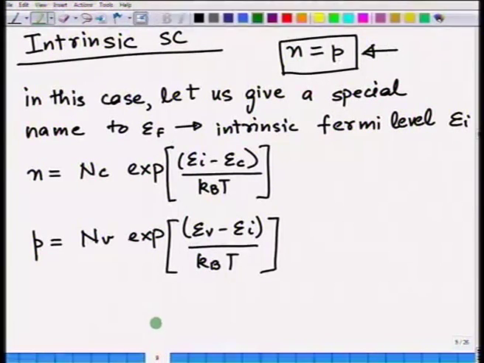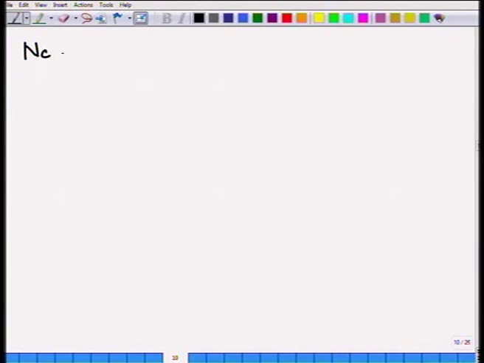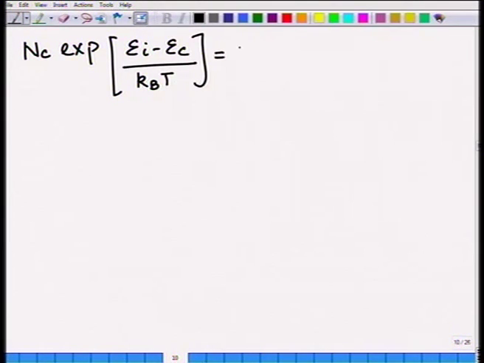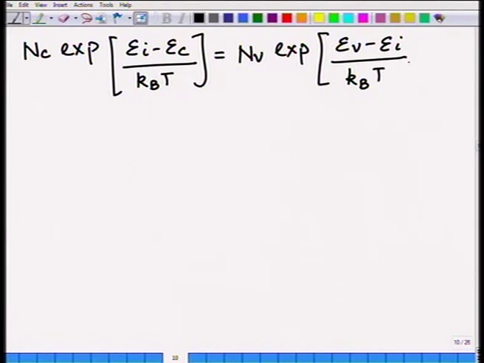So, now let us try to determine EI by equating n and p. That means NC e to the power (EI minus EC) by kBT should be equal to NV e to the power (EV minus EI) by kBT.